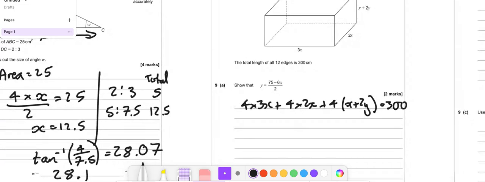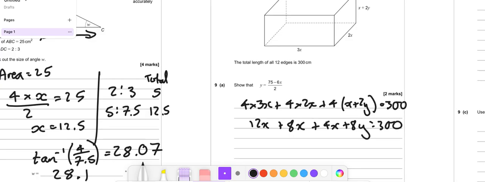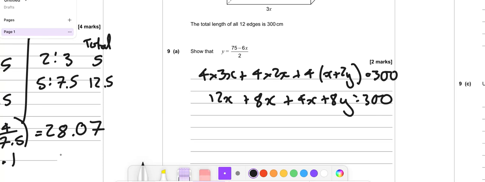So I'm hoping that if I rearrange this, I've got 12x plus 8x plus 4x plus 8y equals 300. So I've got 24x, so I've got 8y equals 300 minus 24x.